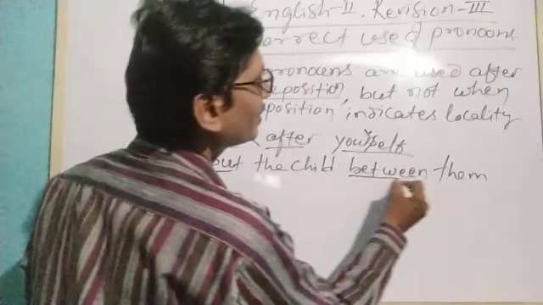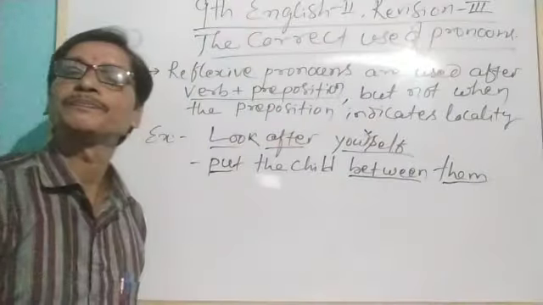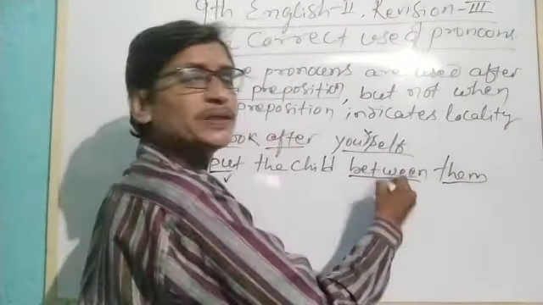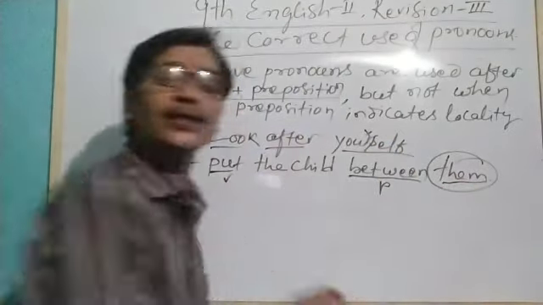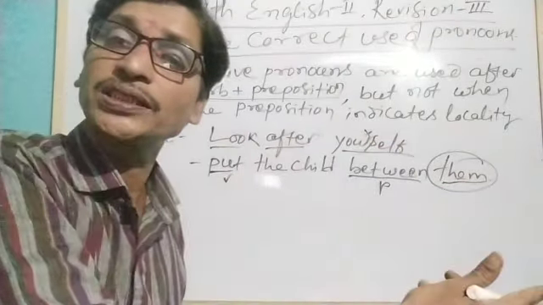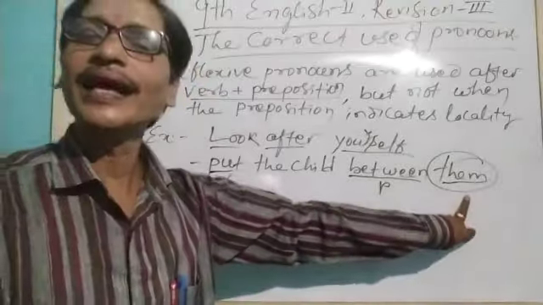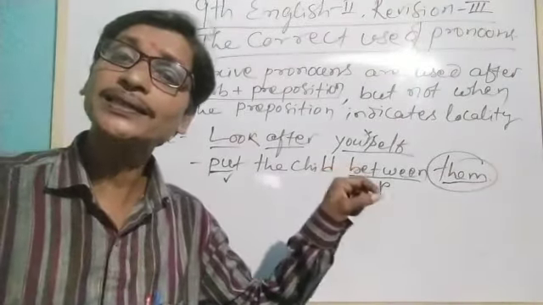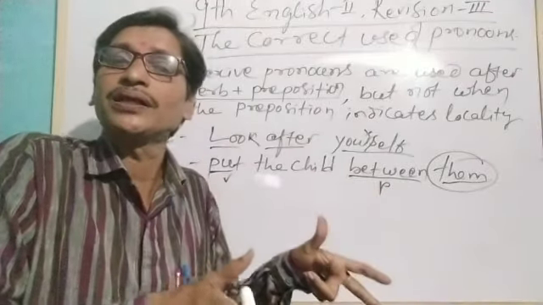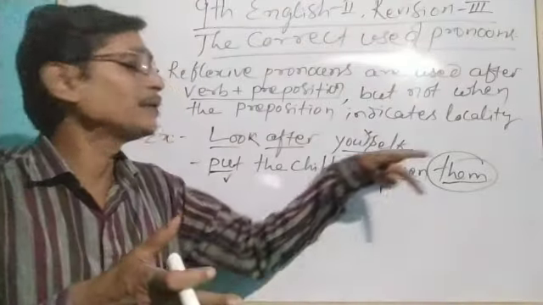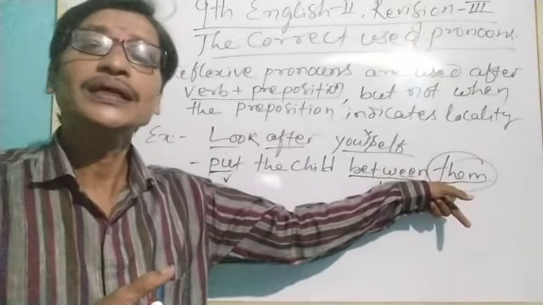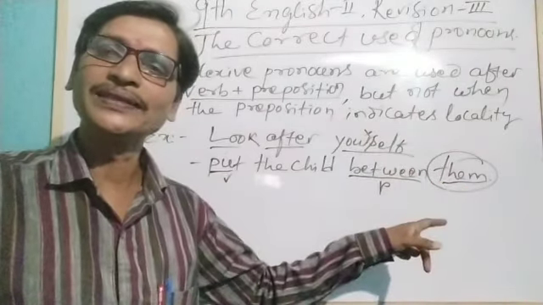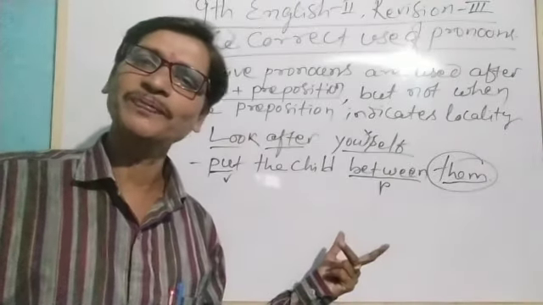Put the child between them. Put is the verb and between is the preposition, and here we did not write themselves. We have written them, because here between is a preposition that indicates the place, the location. Therefore, the pronoun that follows never becomes the reflexive form. It remains as the objective form.